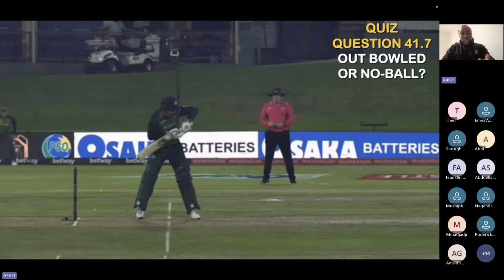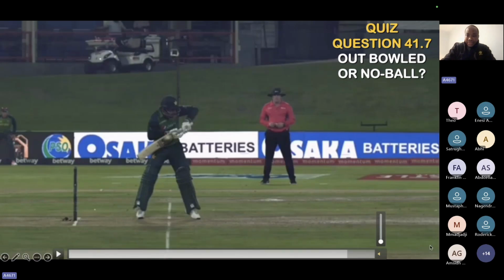I have answered all of the questions about the full toss above waist height directed at the striker or not directed at the striker. Law versus playing conditions. If there are any further questions, you can raise your hand and we will deal with them at the end of the meeting.